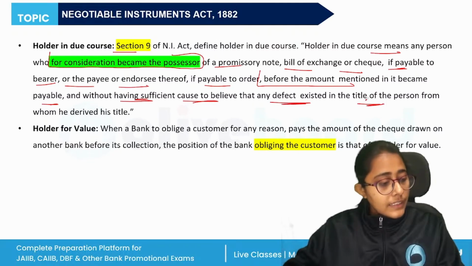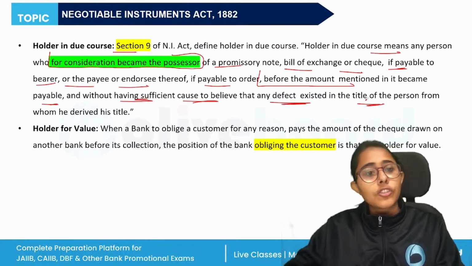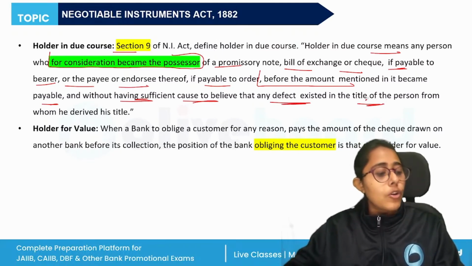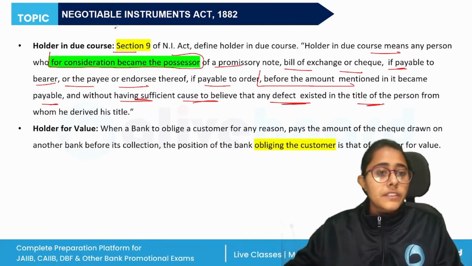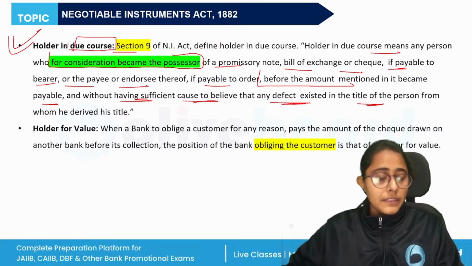Alright, so for consideration, if the instrument is passed on to another person for the same amount that is to be paid, then it will not be considered void. So that person will be known as the holder in due course or in the right manner. That is given in section 9 of the Act.